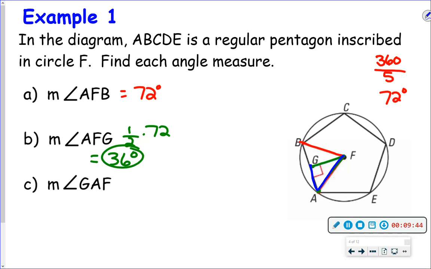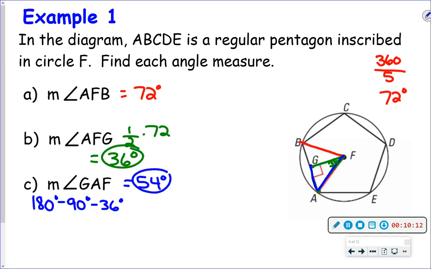So remember, we just said that this guy, I'm going to write it in green, is 36. I know it's messy. You've got your right angle, 90. So we need this missing blue one. So I'm just going to do 180, take off the 90, you do that in your head, and then we'll take off the 36. So what do you get for a final answer there? 54.